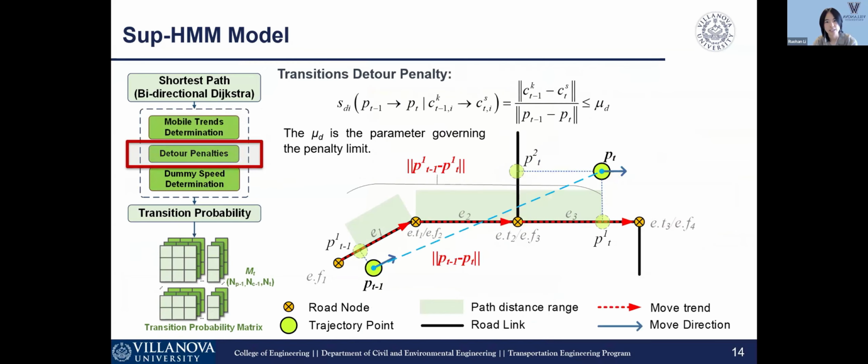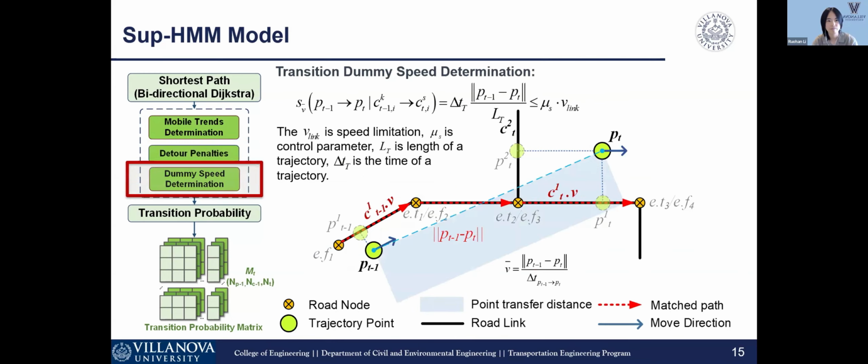The second condition is the detour penalty. We compare the shortest path distance between the 2 GPS points to their straight line distance. If the road is much longer than expected, we penalize it, since a reasonable path should stay close to the straight line distance.